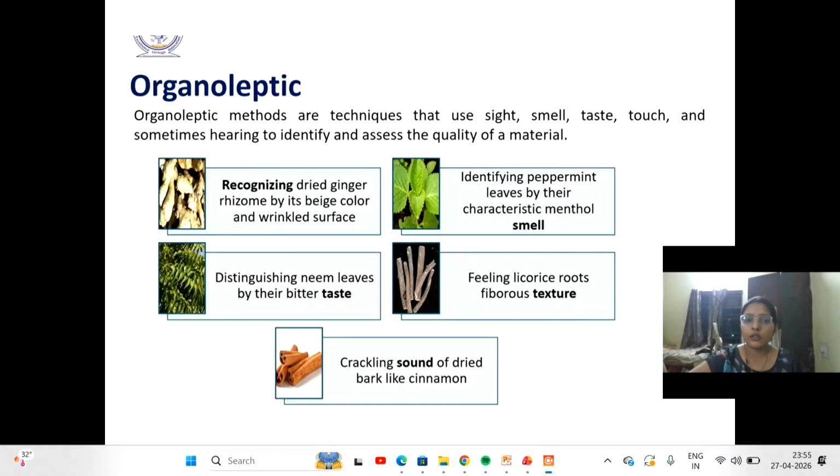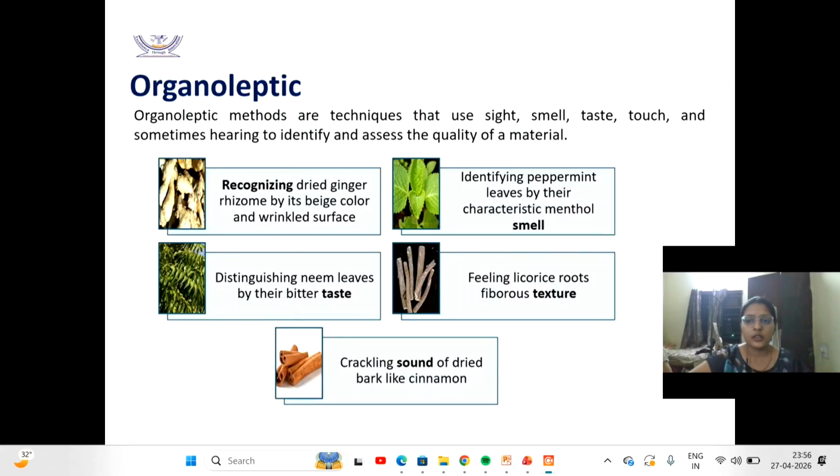In organoleptic, you are using your organs to identify the quality of a material. It's the sight, smell, taste, touch, and sometimes hearing, used to identify and assess the quality of a material.